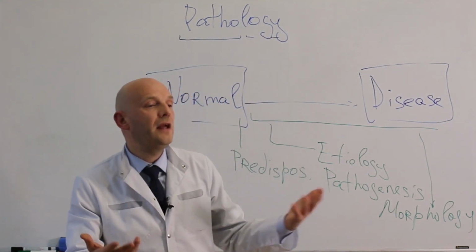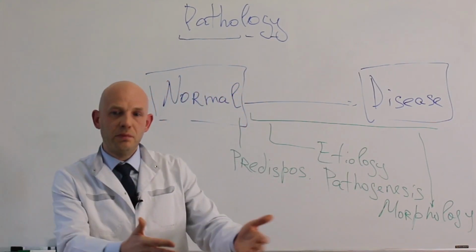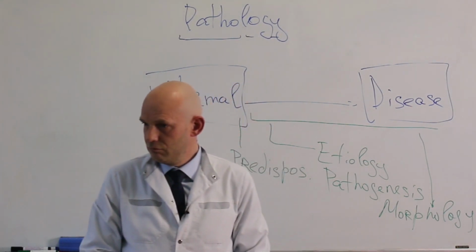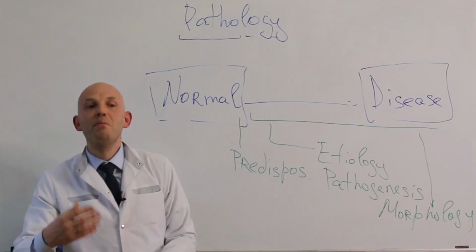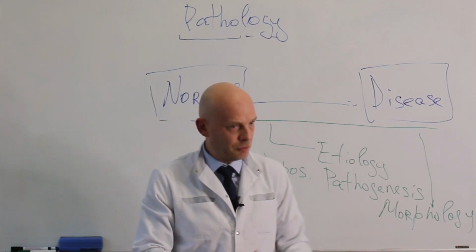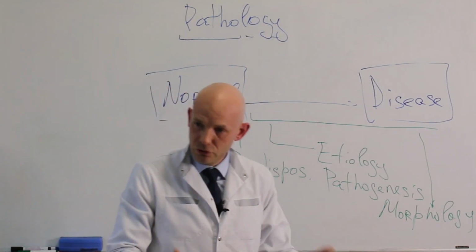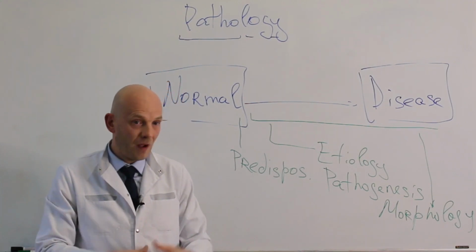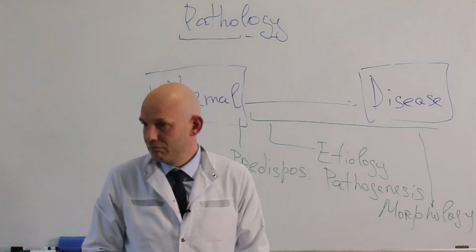It's like when you play any game, like chess. Before you sit to play chess, you need to know the rules of chess. The same applies to doctors. Before you treat and diagnose people, you have to know the rules of pathology, the rules of the development of the pathological states.